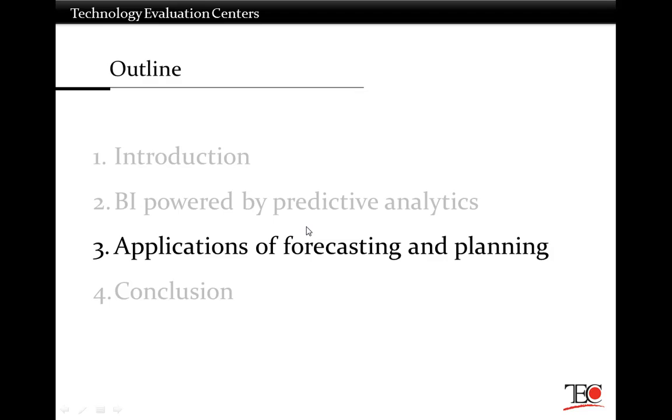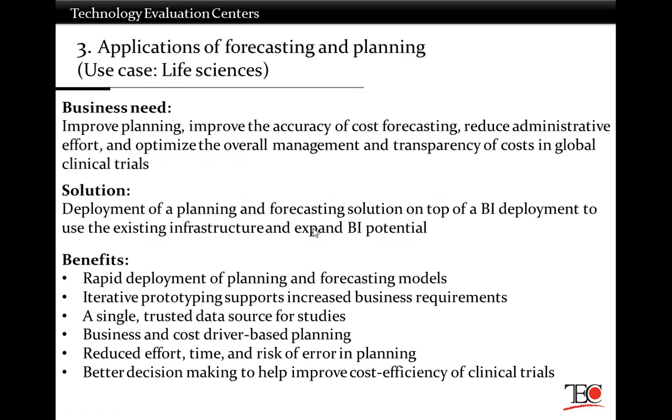As a brief reference, let me show you a couple of examples of how organizations are currently using successful deployments of analytics to extend their BI strategies for planning and forecasting. First, we have the case of a deployment of a planning and forecasting solution on top of a BI deployment, which enabled an organization in the life sciences industry to use their already effective data analysis infrastructure and expand its potential.